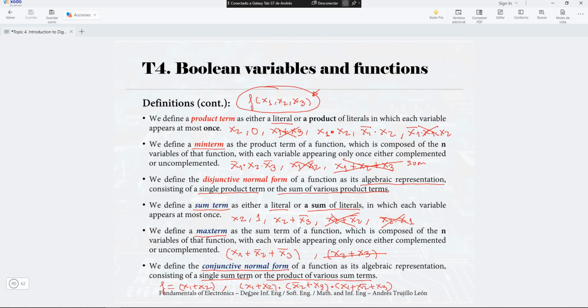Because here we have a product of three sum terms. So I think that this is quite easy, but you have to study.